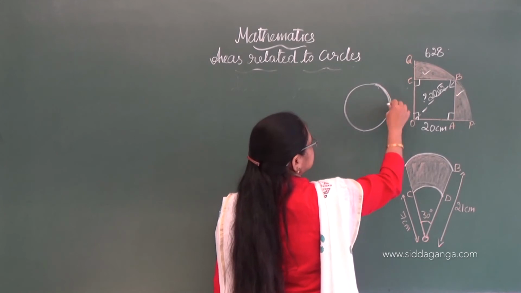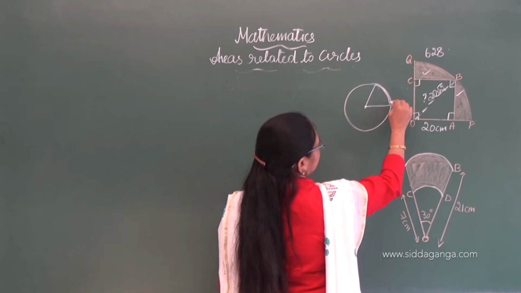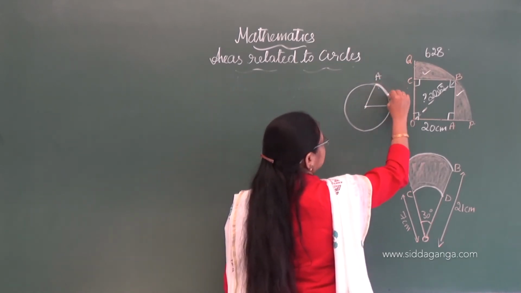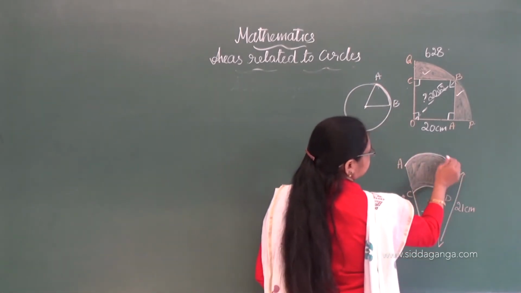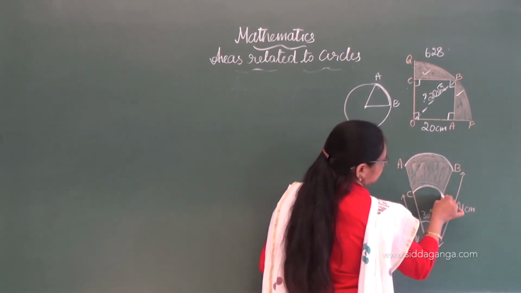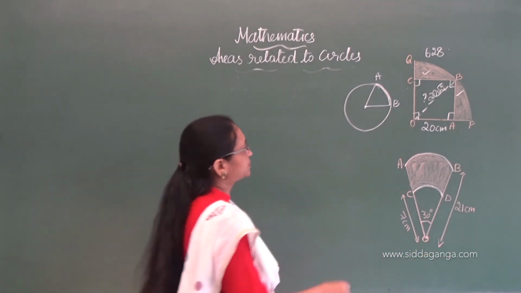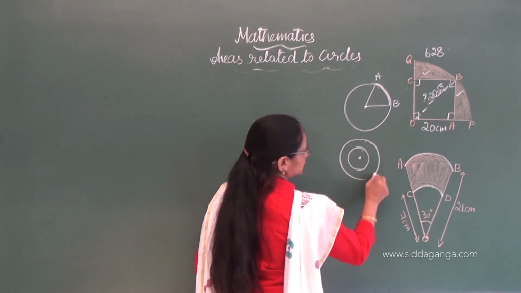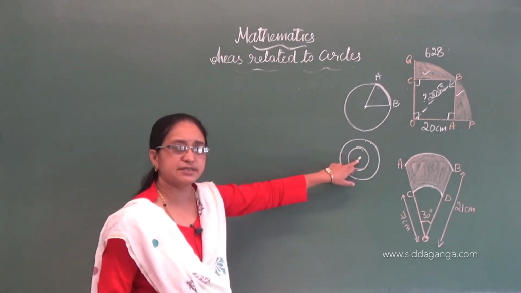This is the center, and if I draw this part, this is AB, a part of a circle, an arc. CD also is an arc, but the center is the same, that is, concentric circles. I hope you know the meaning of concentric circles: two circles which are drawn with the same center are called concentric circles.